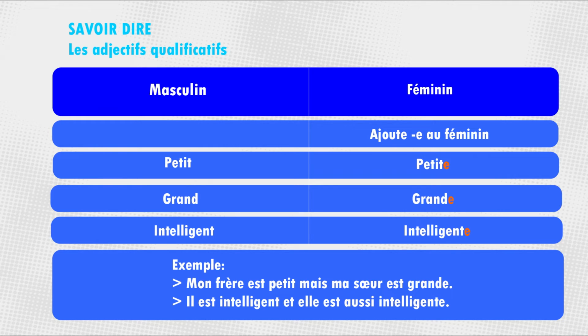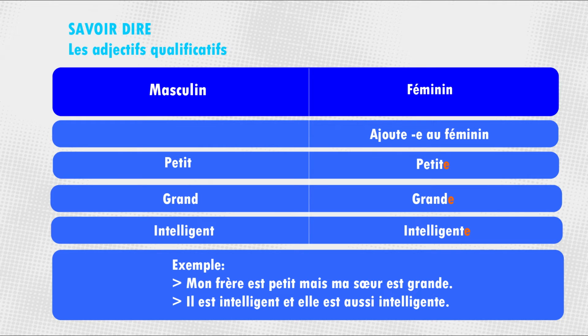Please look carefully at how we use the adjective. Mon frère is a male form, so you use petit. But my sister, she's a lady, so you use grande with the letter E. Can you see that? Now, let's look at the second one.